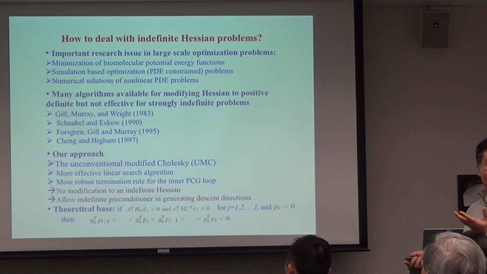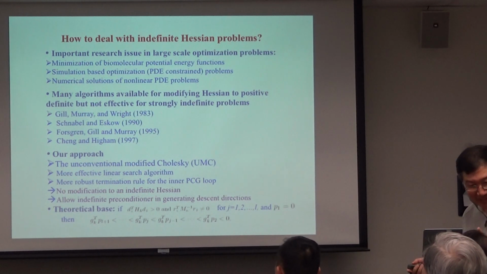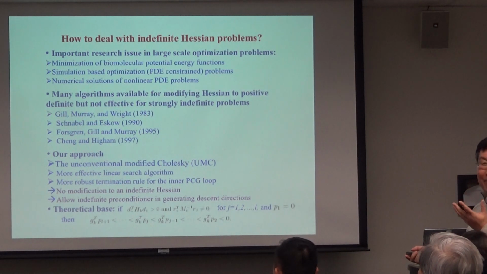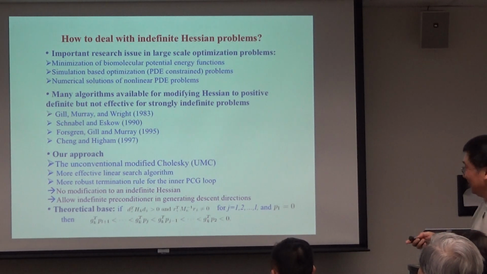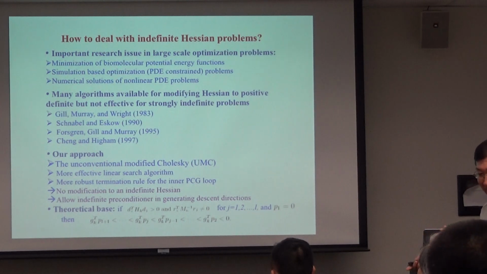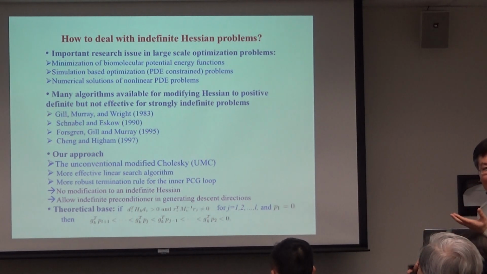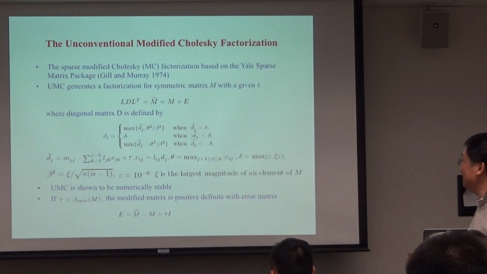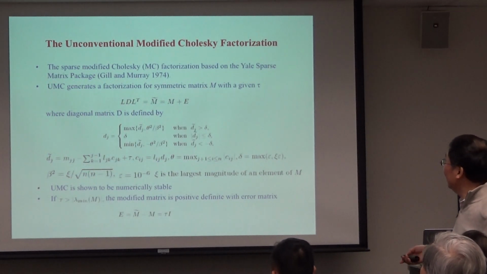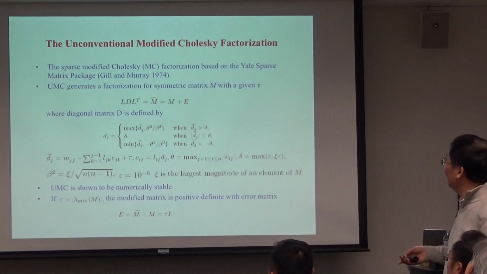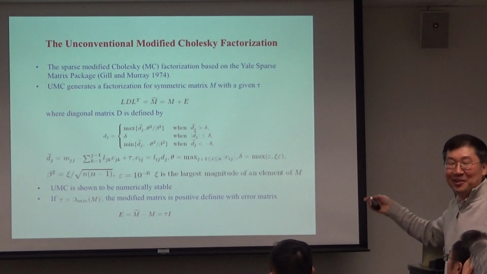But how to deal with such an issue? This is an important one. So our package is very robust. It works for positive definite or indefinite forms. We give the mathematical analysis to say this is reasonable, guaranteeing the convergence. So this is a mathematical issue.